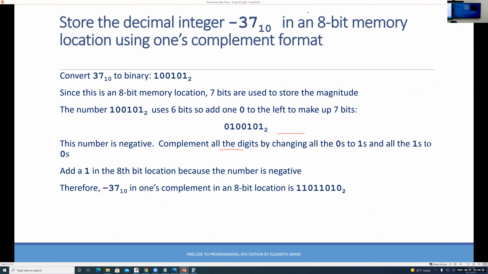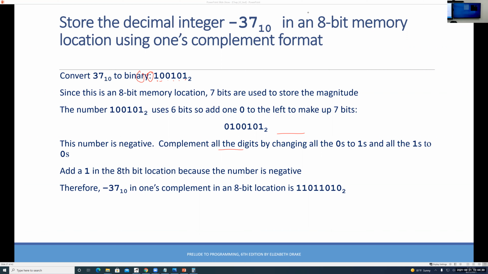Okay, so here, if you're working with negative 37 with 1 complement, right? Remember, if it's a positive, it's very simple here. So you have 1, 2, 3, 4, 5, 6, right? You insert number 0 here to make it up 7-bit, and the leftmost bit is a positive.